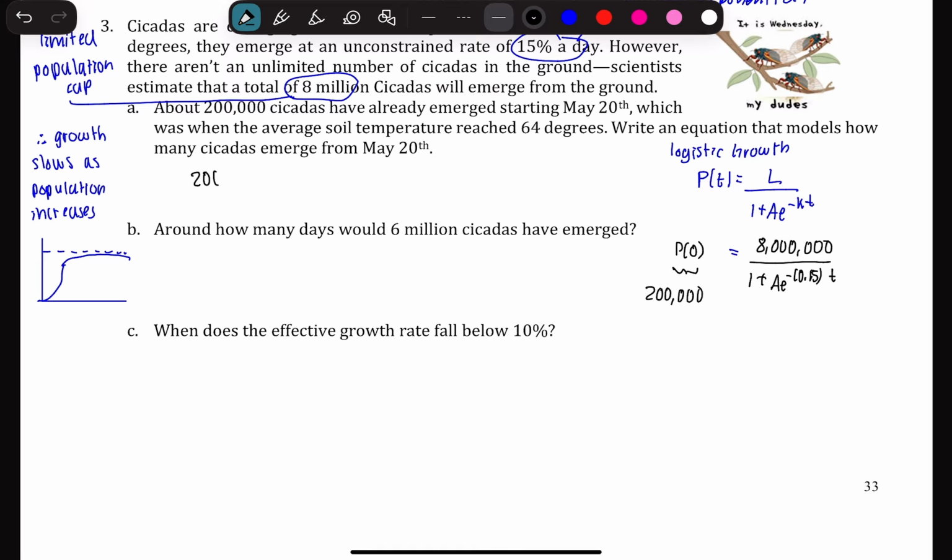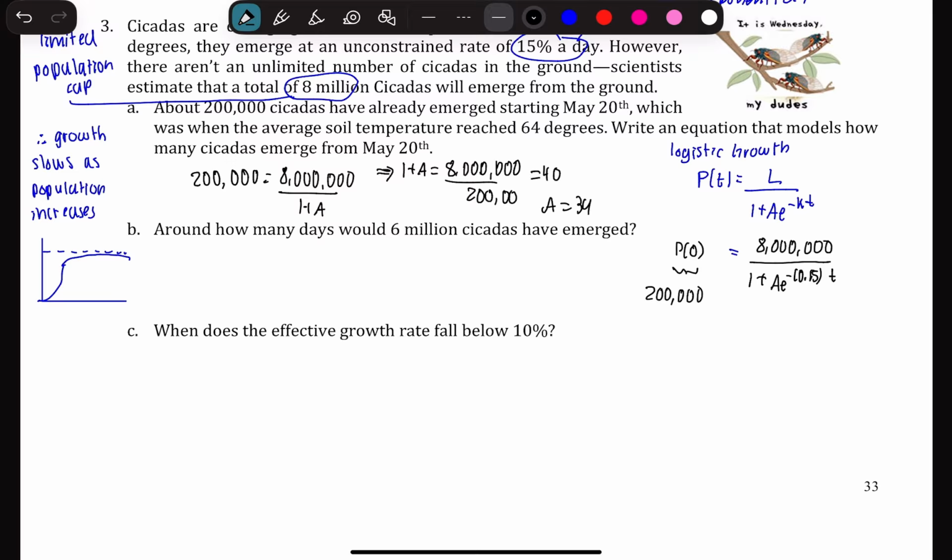So our model is going to be, again, 200,000 is equal to 8 million over 1 plus A. We can rewrite this so that 1 plus A is equal to 8 million over 200,000, and that's just equal to 40. So we get A is equal to 39.